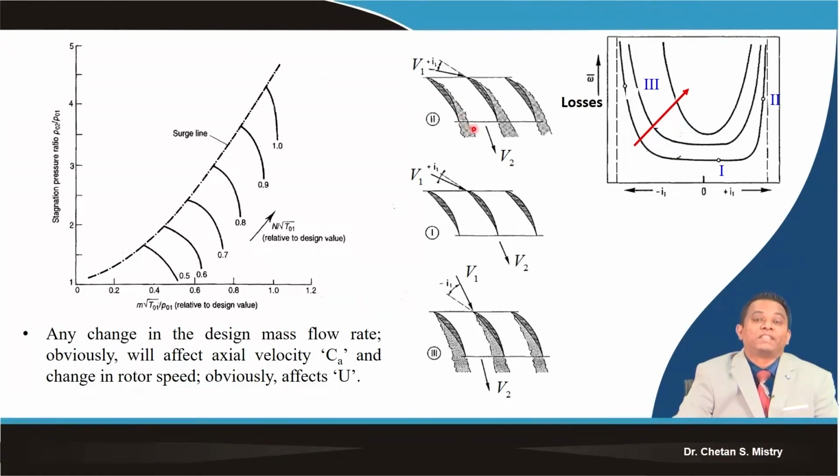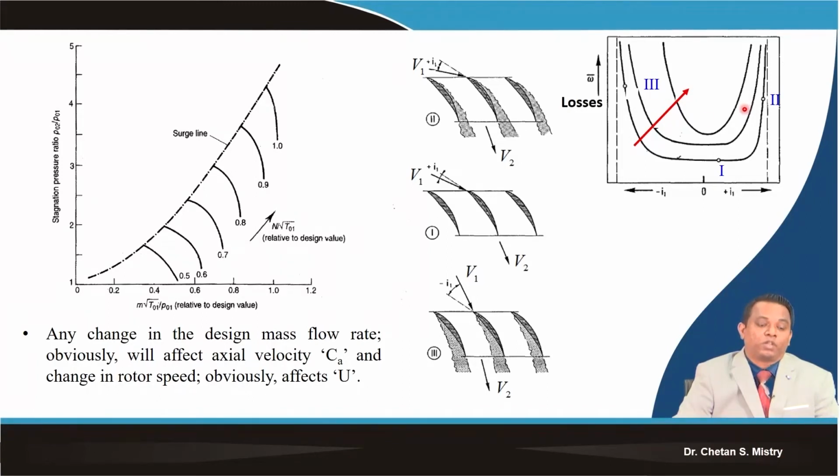And when there is a separation of my flow from the suction surface, that is what we have defined as a stall. Because of that, this is my condition 2, where I will be having my losses increased. Rather than the increase of losses, my performance is more important.